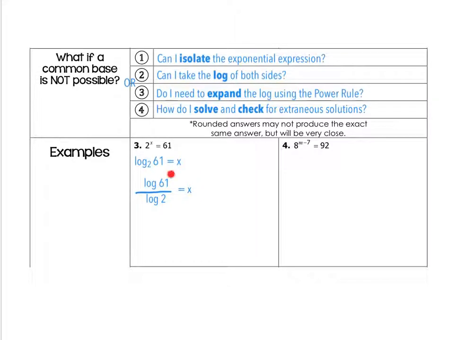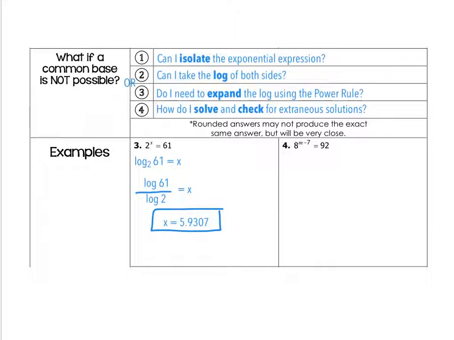Now that I've done the change of base formula, I can type this into my calculator because we're using base 10. When I do that, I get x equals 5.9307. So that's one way I can do it, using the change of base formula.